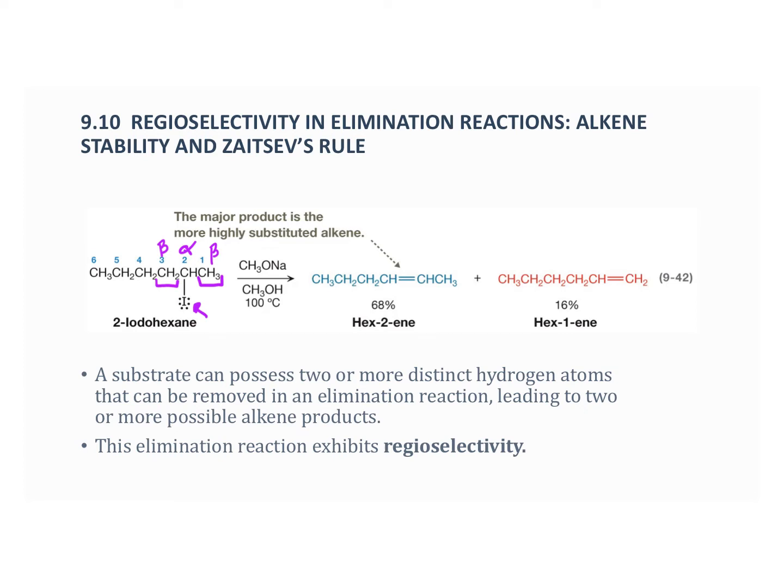And so what we notice is that when we look at this reaction, it forms both the products, but it forms one in excess. So it forms more of hex-2-ene than hex-3-ene. And so we call this a regioselective reaction.